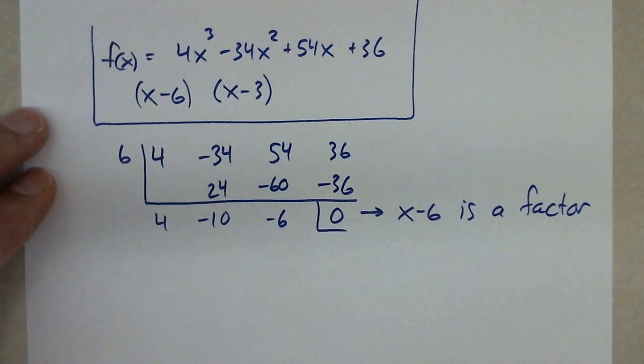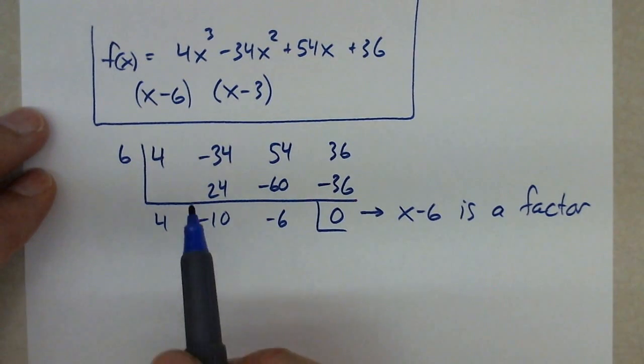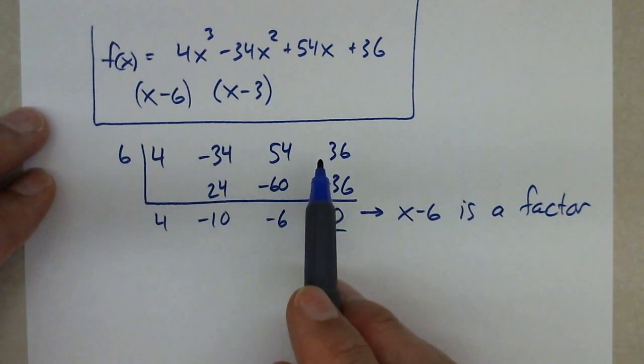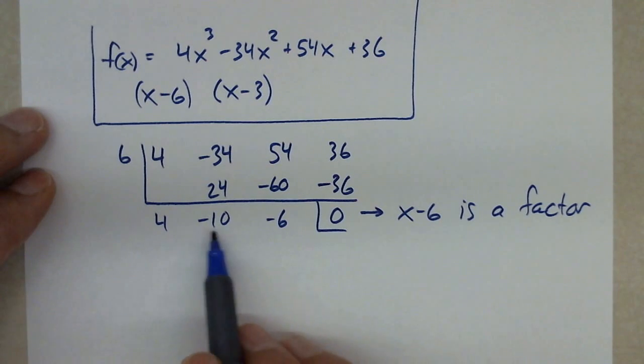And in this one, I'm going to do something a little different than before. We don't have to always start with the original coefficients. We can just work on what's left here.